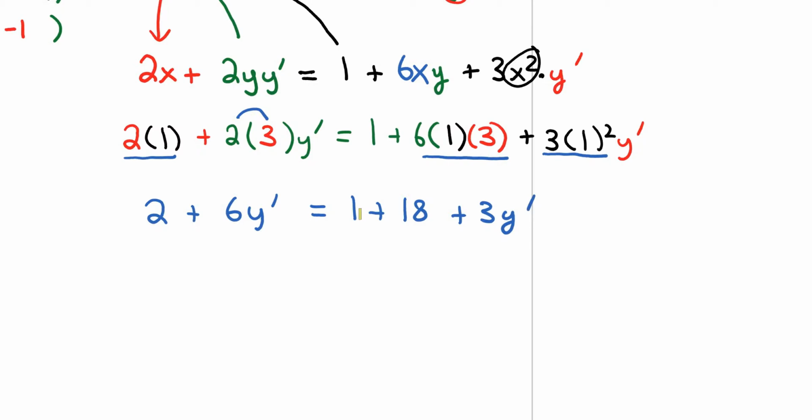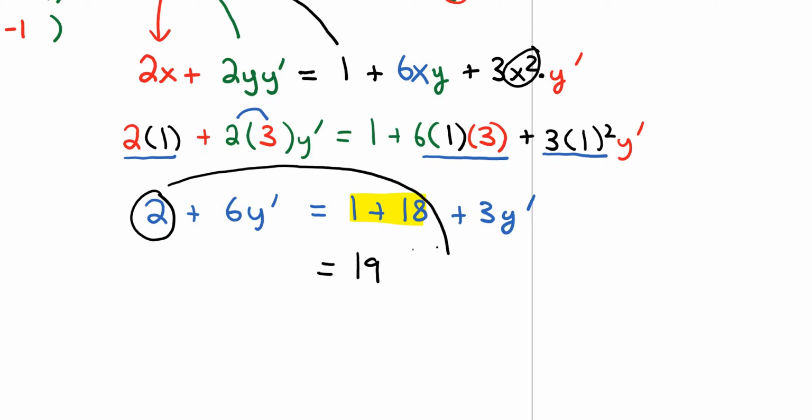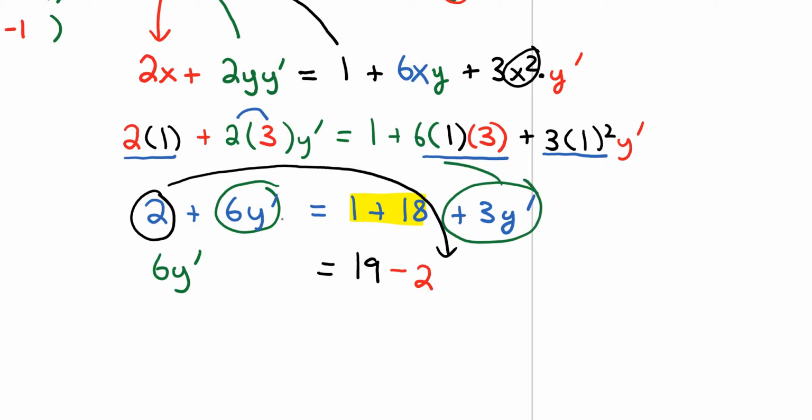Okay, let's continue here. If I add the 1 and the 18, I will have a 19, and then this 2, I'm going to move to the other side, so that's 19 minus 2, and then this 6y prime I'm going to move to the side here, and then I'm going to move the 3y prime to the other side, and that would become negative 3y prime.